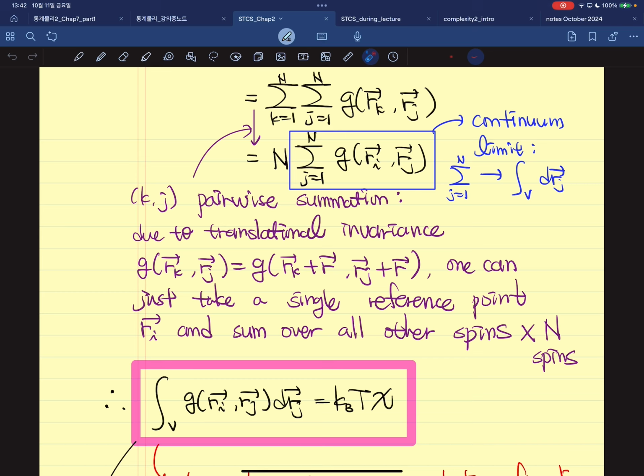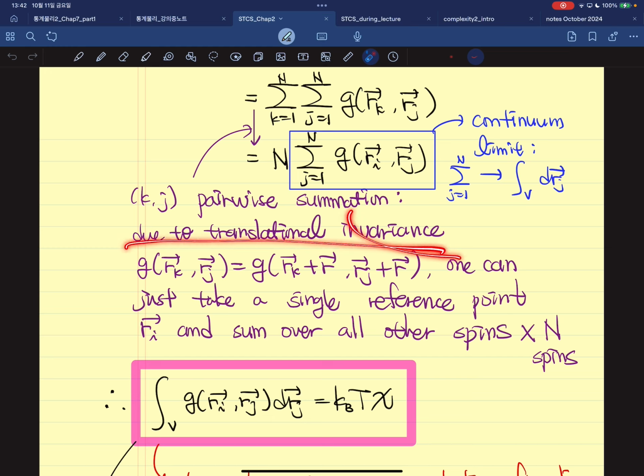Suppose we are dealing with a translationally invariant system, meaning that if you move each site by a parallel transformation, by any vector R, the relative distance between these two stays the same just by adding this arbitrary vector R. So it doesn't really matter whether we calculate this centered at R_i or any other site.